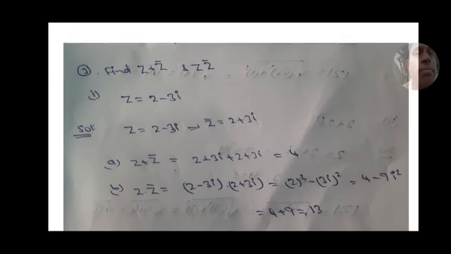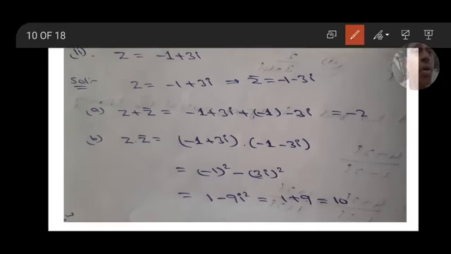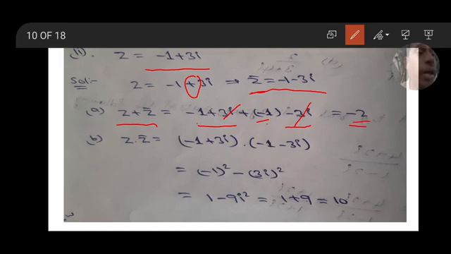Okay, next problem. z equal to minus 1 plus 3i. Its conjugate, z bar, equal to minus 1 minus 3i. Here only the plus has to be changed to minus. For the imaginary part, change the sign, that is the conjugate. So adding, z plus z bar: z means minus 1 plus 3i, z bar means minus 1 minus 3i. Plus 3i and minus 3i cancel. Minus 1 and minus 1 is minus 2.